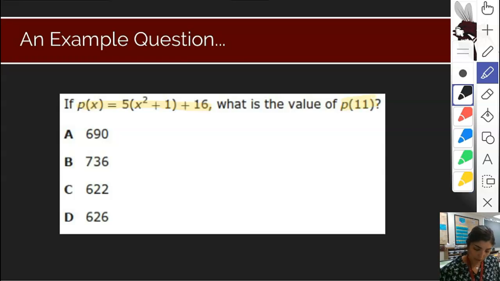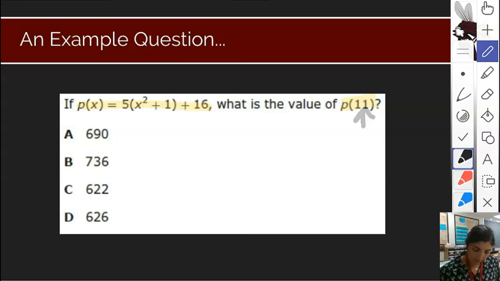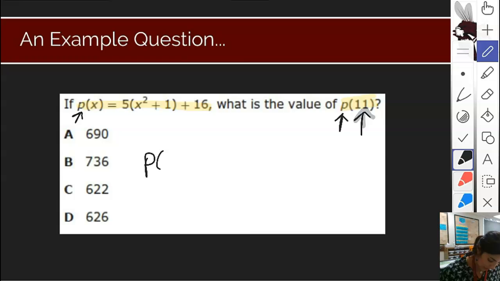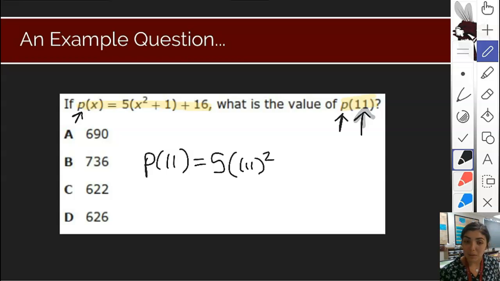Okay, well, we know that this is the number I'm going to want to plug into the original equation because it told me take the function p, here's the function p, and instead of an x, I'm going to write an 11. Okay, so let's do that. Here's function p of 11. I'm going to write down the equation exactly again, but when I get to the x, I'm going to write down an 11 instead of the x.